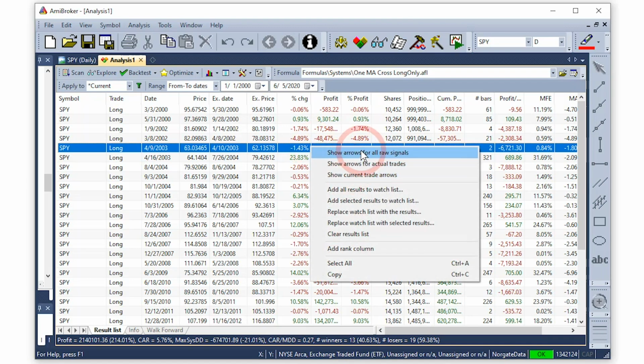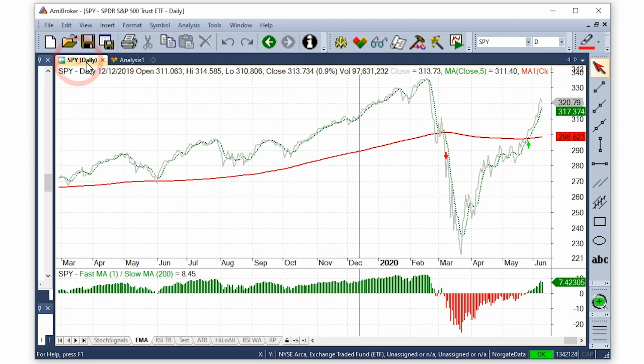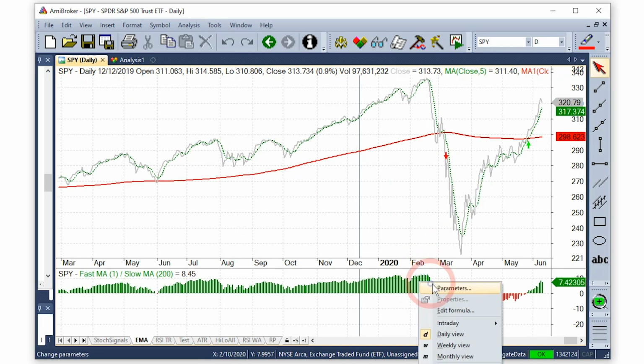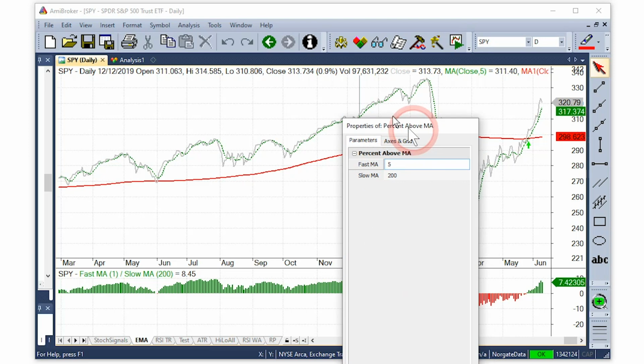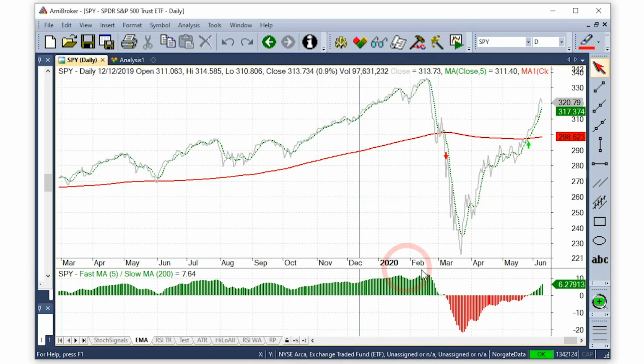And then if we look at the actual signals, I'll go ahead and change this to a 5-day. This is a custom indicator that I've created, but it might be available on StockCharts someday.